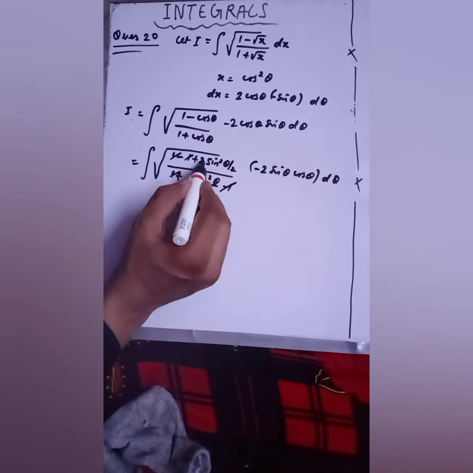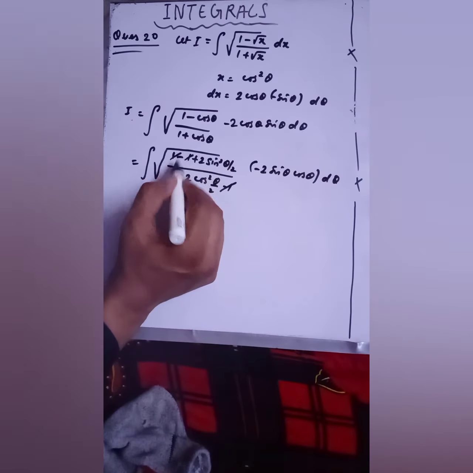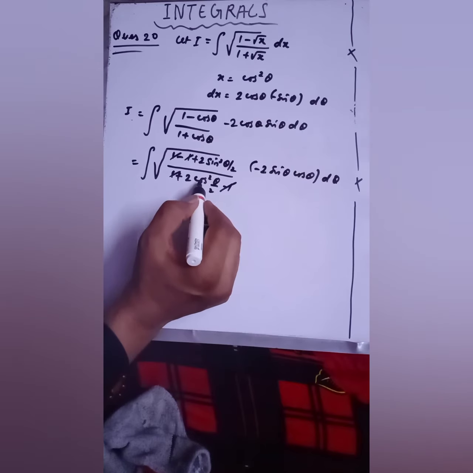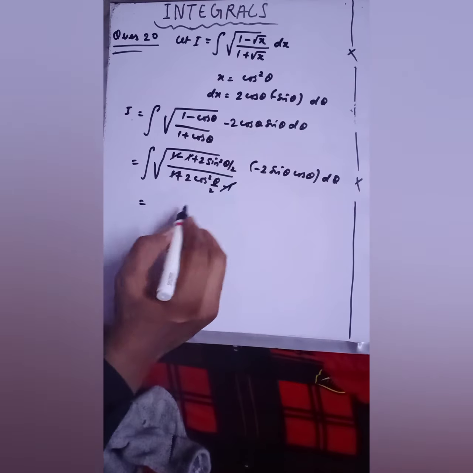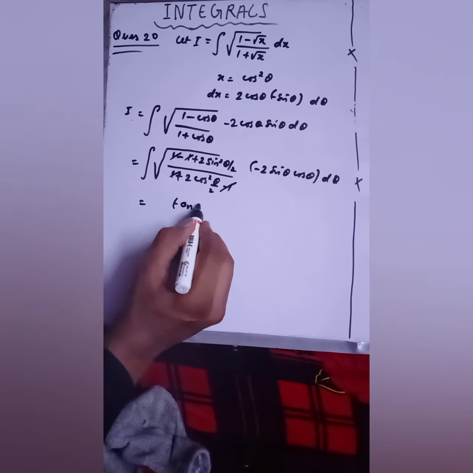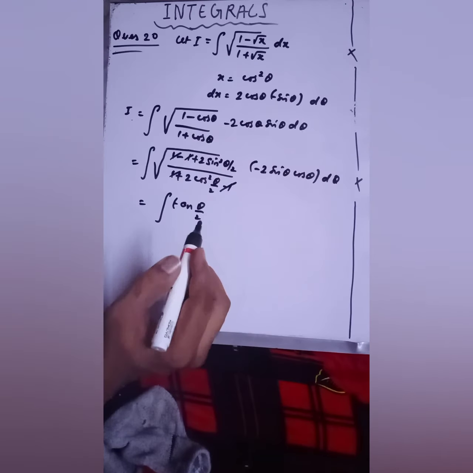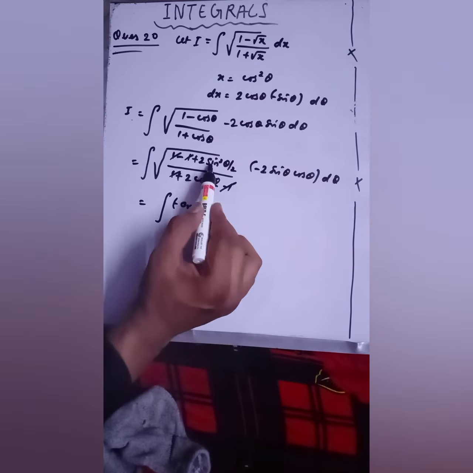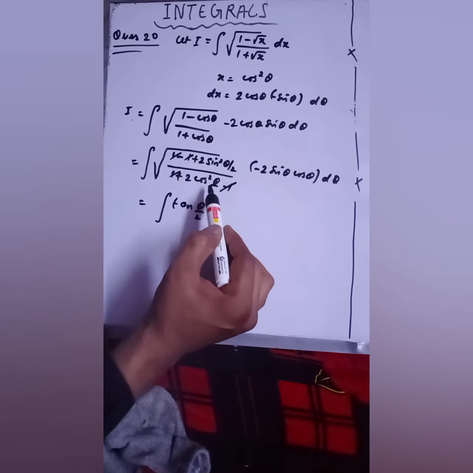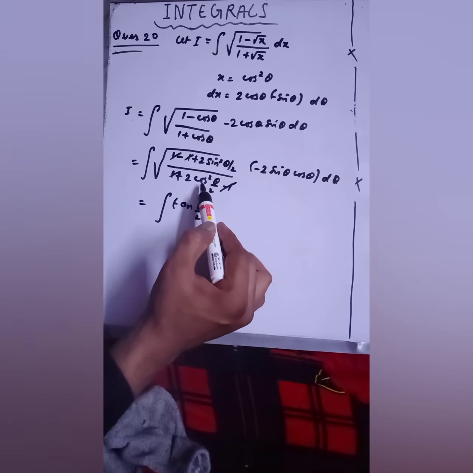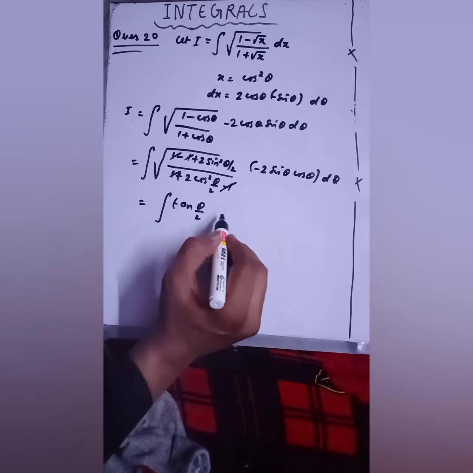Okay, so 2 and 2 will cancel out, and under the root you will get sin square theta by 2 over cos square theta by 2. When you solve it, you will get only tan theta by 2, because since it is a square, when it comes out of the root it will be sin theta by 2, and from the denominator you will get cos theta by 2. So sin theta by 2 over cos theta by 2 is tan theta by 2.